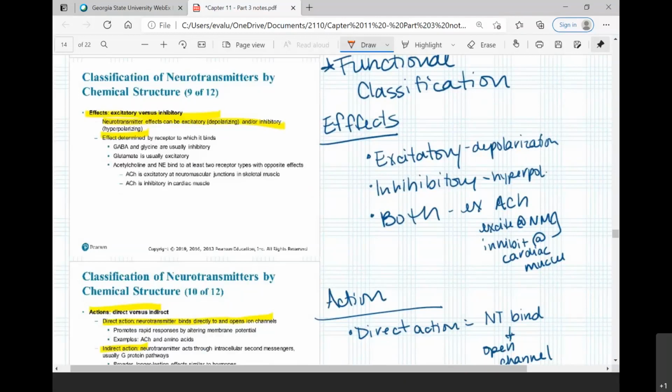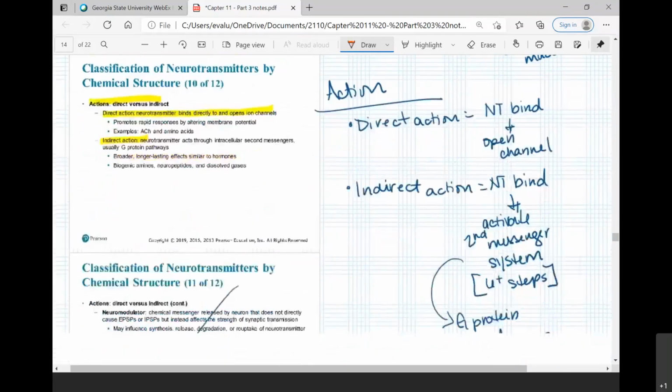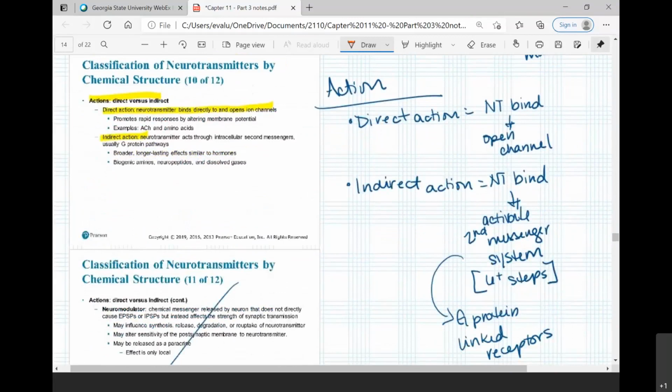But if you are ever having a heart attack, you do not want ACH because it will inhibit cardiac muscle. You don't want to stop your cardiac muscle from moving. So depending on where it's used, acetylcholine actually can both excite or inhibit. That's very interesting. Whereas the action will be how it has the effect, where it affects.